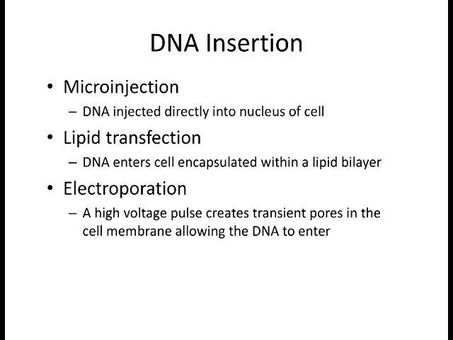Now, DNA insertion. There's several different ways in which we can insert DNA. Some are natural processes, others are mechanical processes, so to speak. And each has its pros and cons. Now, again, DNA insertion can be for two purposes. It can be for adding DNA so that you can answer the question of sufficiency.